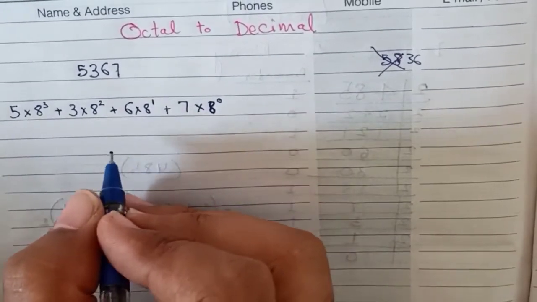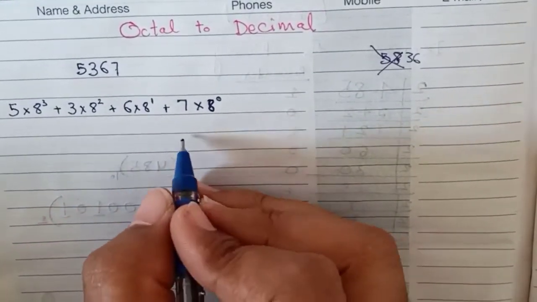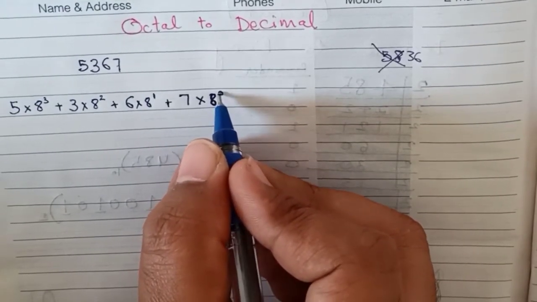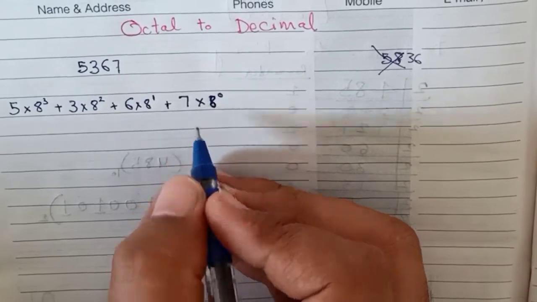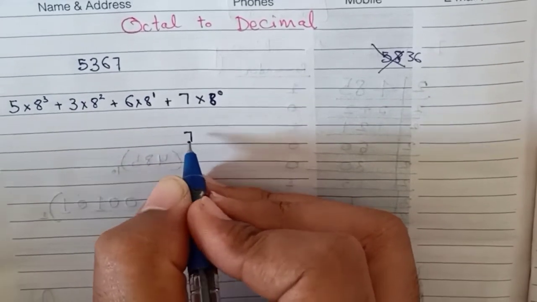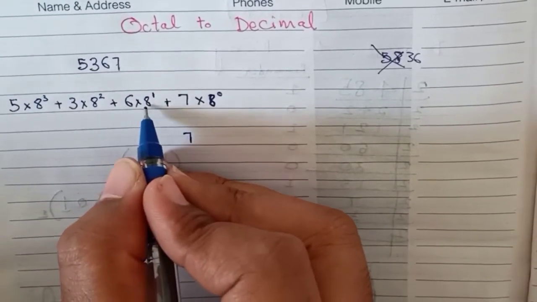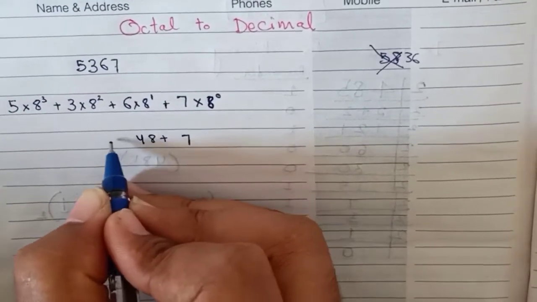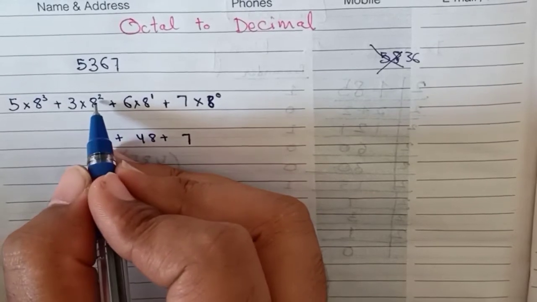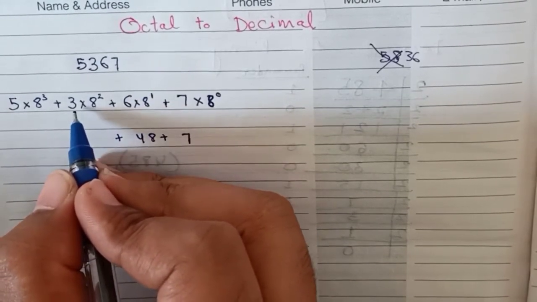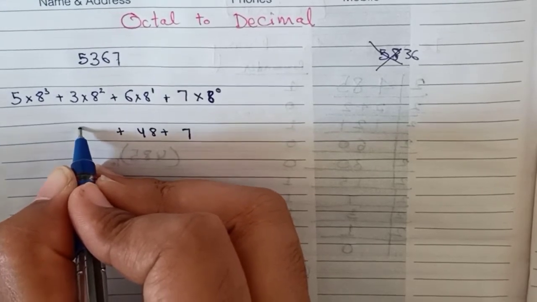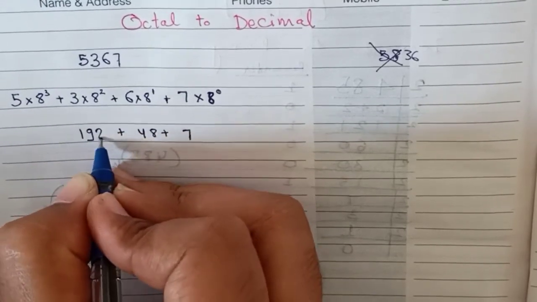Since any integer with power 0 is 1, 7 into 1 is 7. 6 into 8 is 48. 8 square is 64, and 3 into 64 is 192.